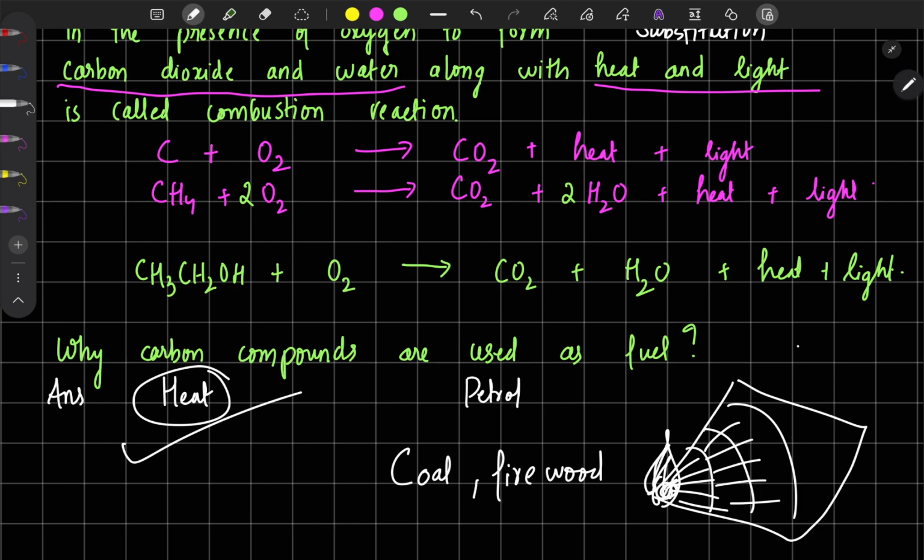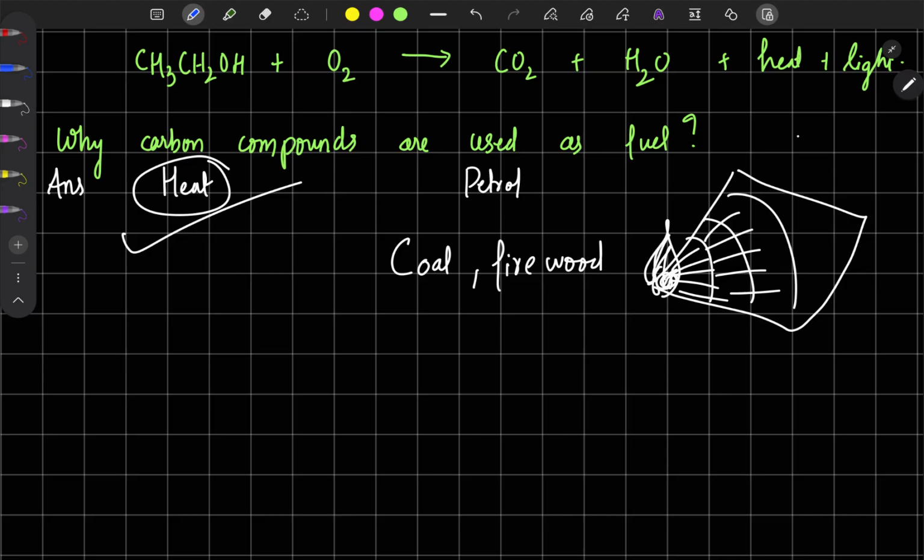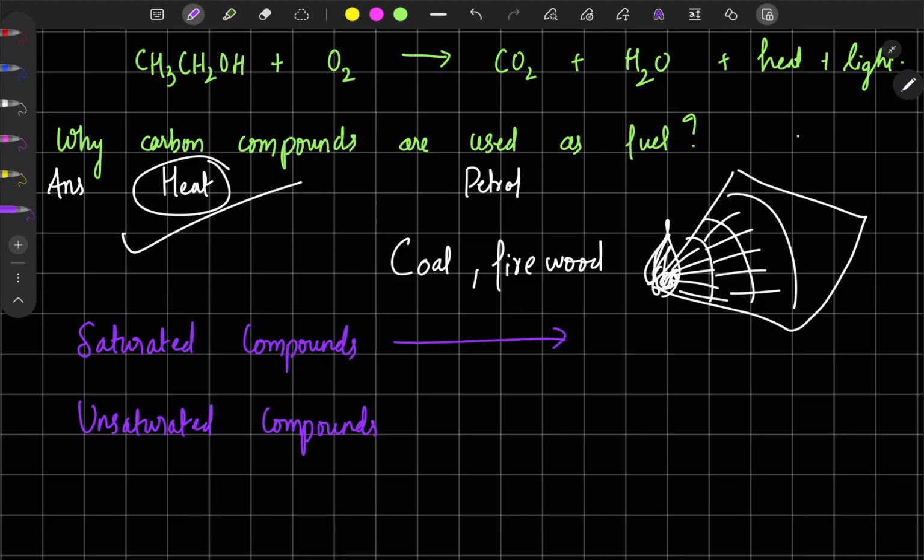Another important thing to keep in mind is that there are two types of compounds that we have already studied: saturated compounds and unsaturated compounds. Unsaturated means having double bonds or triple bonds. Saturated means only single bonds. When we burn both these types, we get different colors of flames.